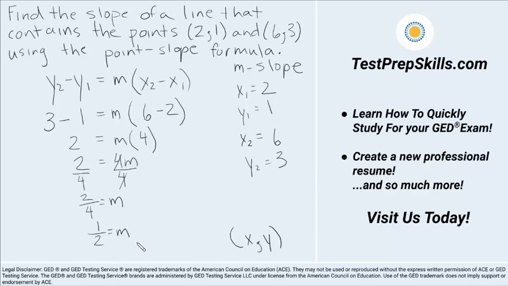However, math convention, the way we do things, we want to move it. Now, we're just putting the m on the left-hand side and our number value, the 1 over 2, on the right-hand side. So we're not changing any signs. We're just flipping the whole thing, reversing both sides equally. So our final answer then, our slope is equal to 1 over 2.